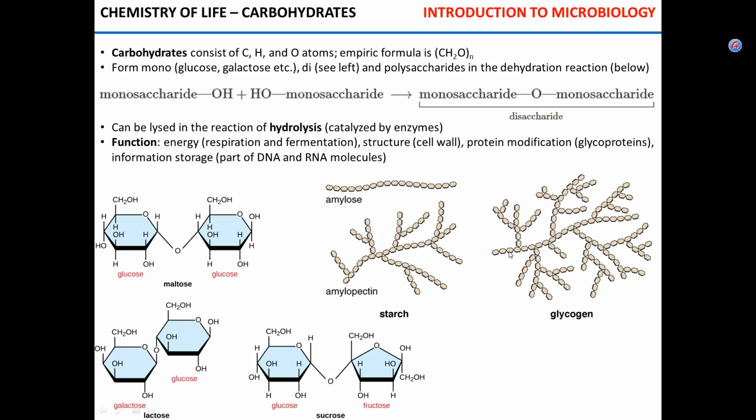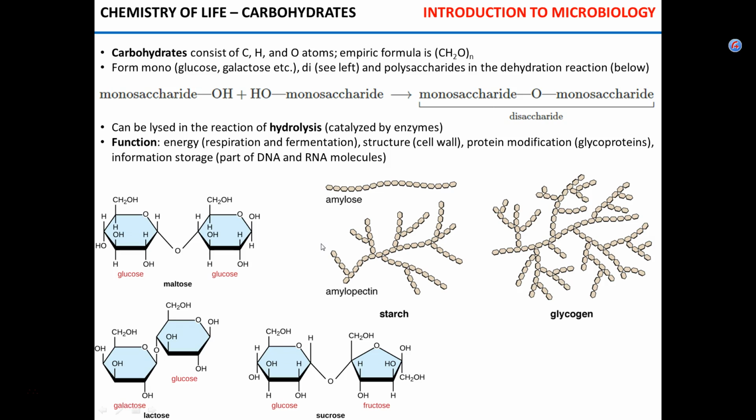So dehydration allows us to make polysaccharides. The thing is, they are so big that in the form of polymer, they are pretty much useless. We have to break them down back again into the individual pieces, into monosaccharides, to do something with them in the cell.